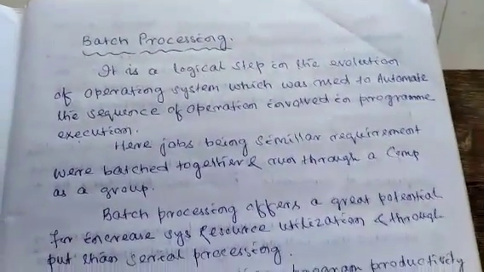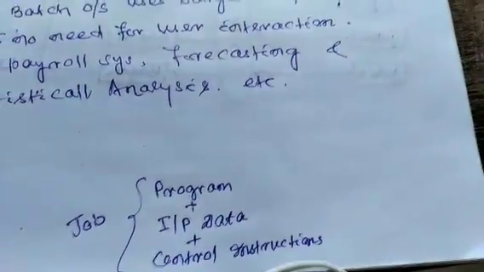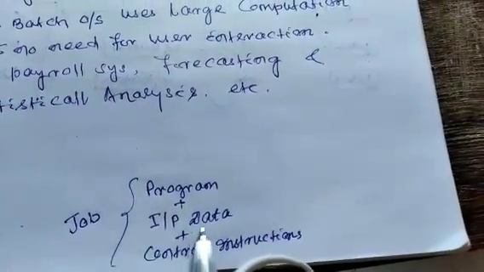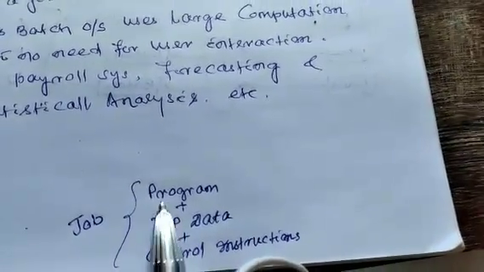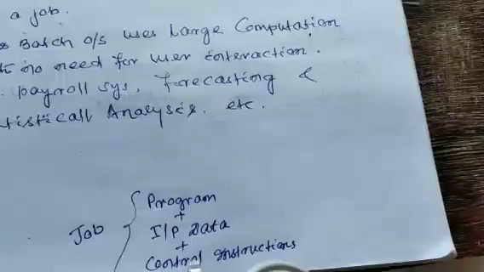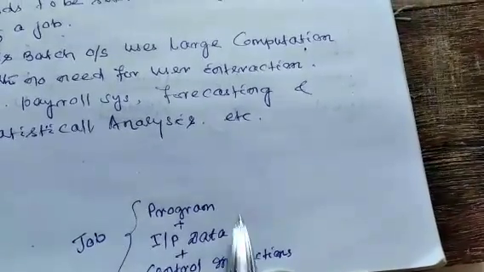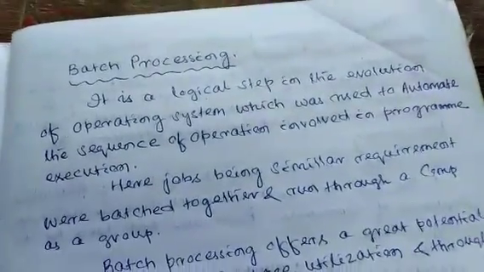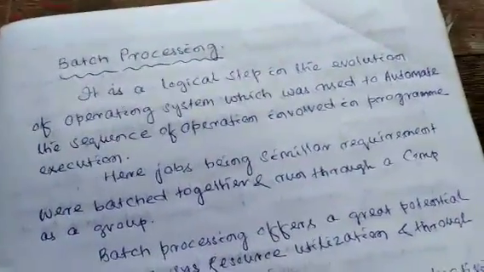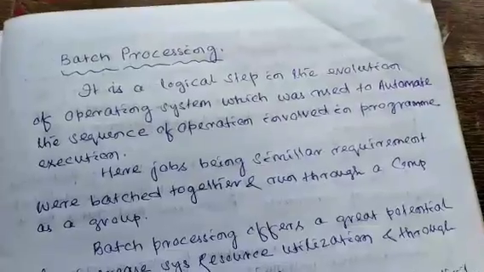So what is a job? A job is a program plus input data and control instructions. Programs, input data and control instructions all form a job. Similar jobs are grouped together to form a batch. That's a batch processing operating system.